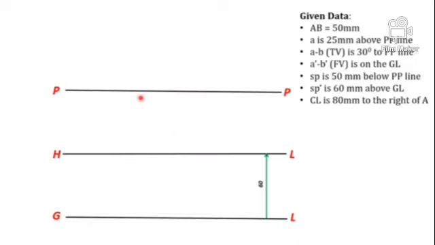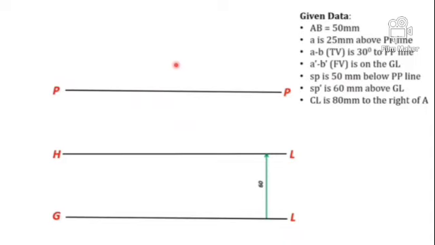That convenient distance should be more than 50 mm, because the station point is 50 mm in front of PP. It is given in the problem. So this distance between HL and PP line should be more than 50 mm.